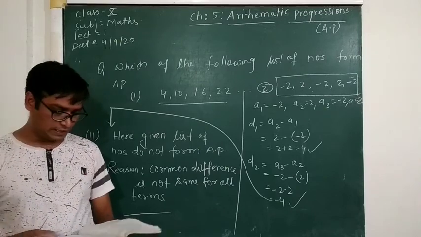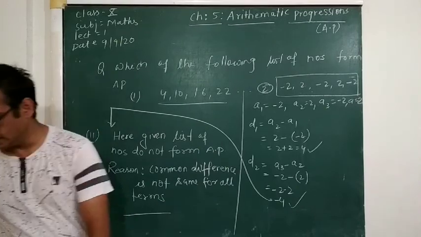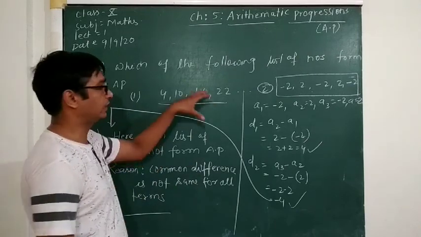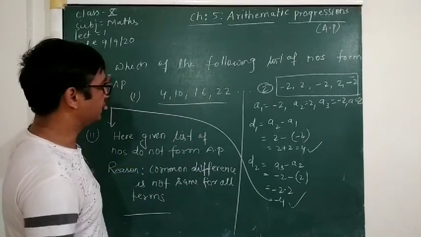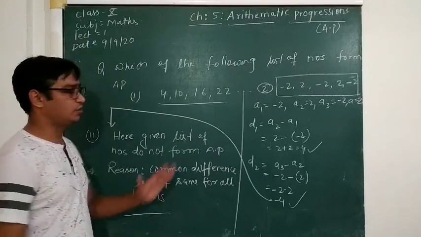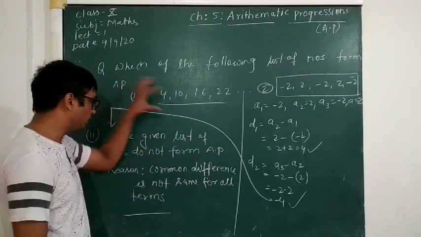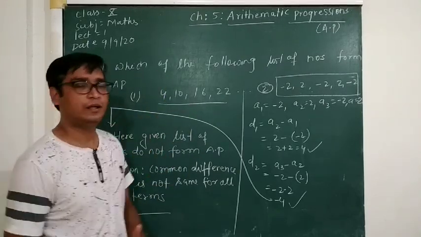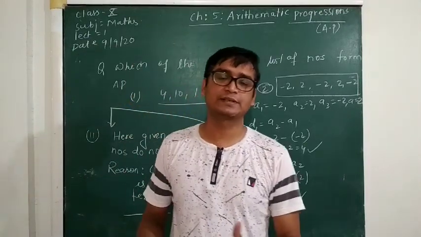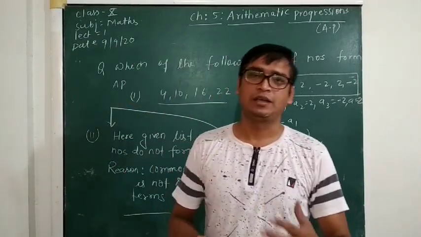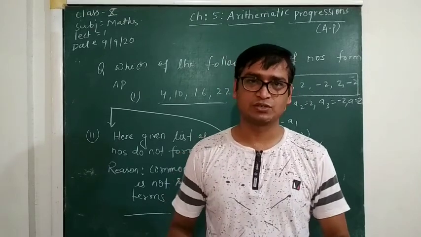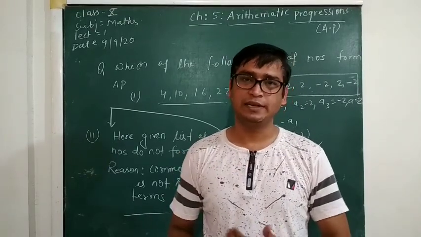Based on this, we will continue in the next lecture. Till here, this is only the introduction part, and from this part you will be able to solve exercise 5.1. If you are not able to solve it, I will solve it in the next lecture. Till then, thank you.